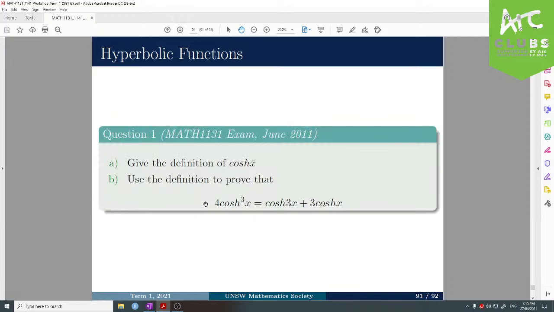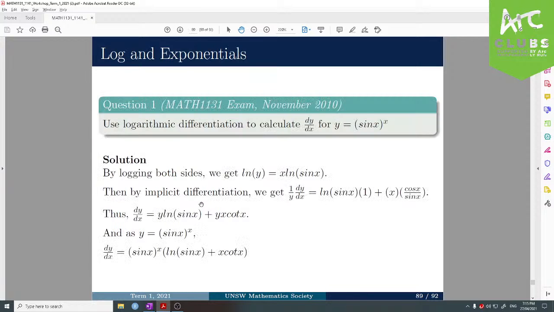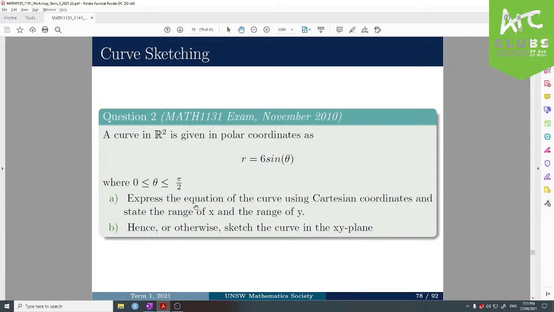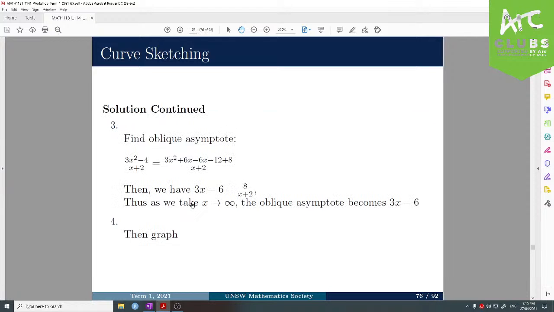Graph drawing. Okay, which question did you need help with for graph drawing? Yep, all good. Did you need help with the polar coordinates or the asymptotes one?